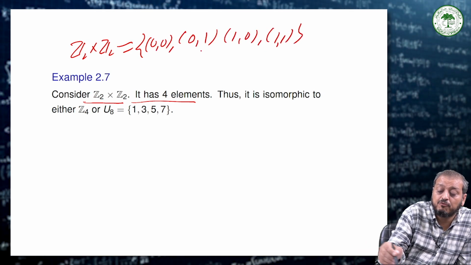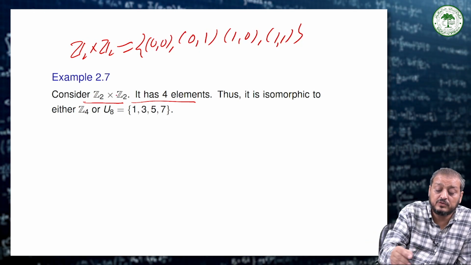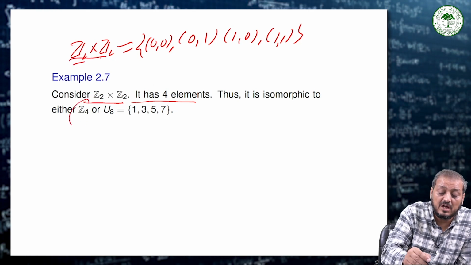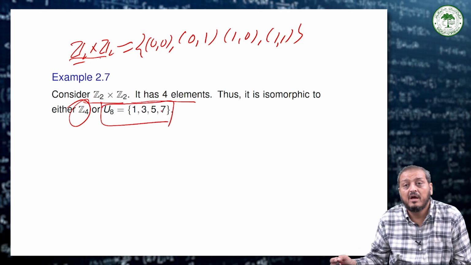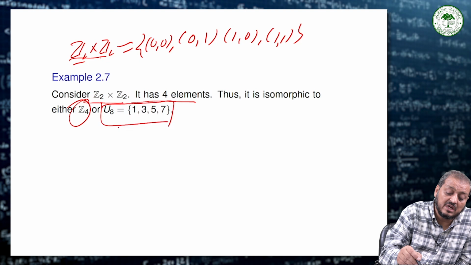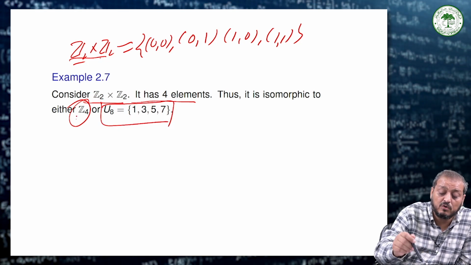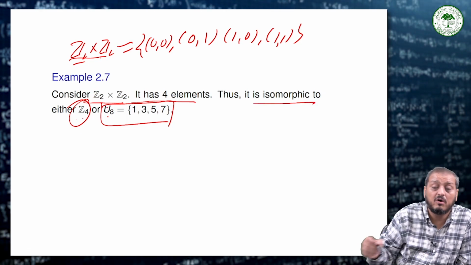So there are a total of 4 elements. Z4 also has 4 elements, and U8 takes the form 1, 3, 5, 7, so U8 is also of order 4. So this means Z2 cross Z2 is isomorphic to either Z4 or U8.